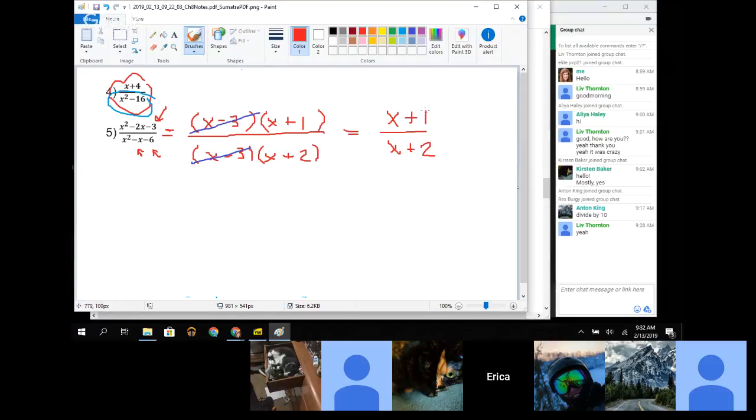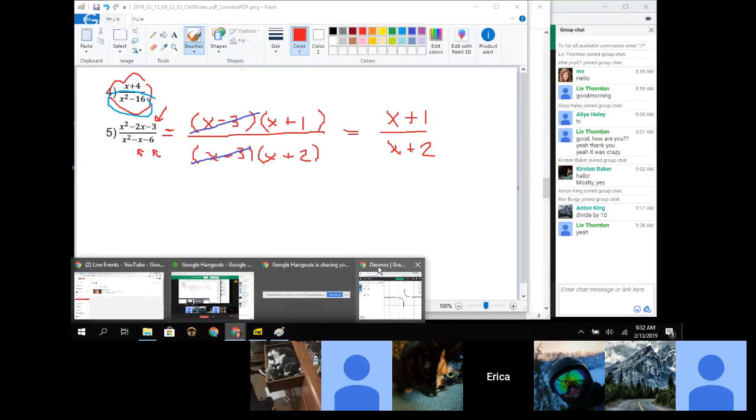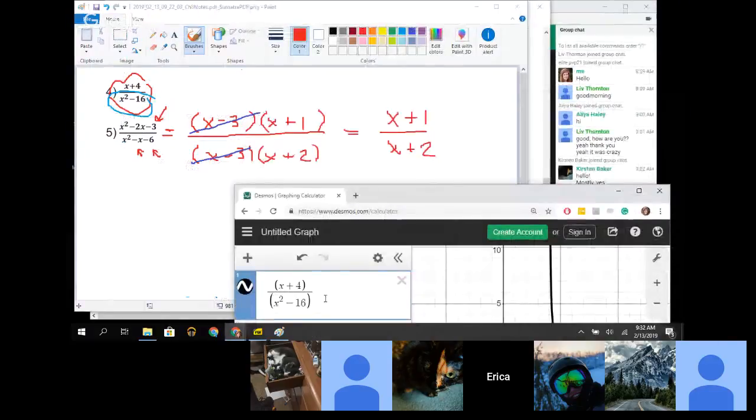So if I graph the original and the new, I should get the same graph, right? That's my first check. So you should all get these right on your test because you can check it, right?